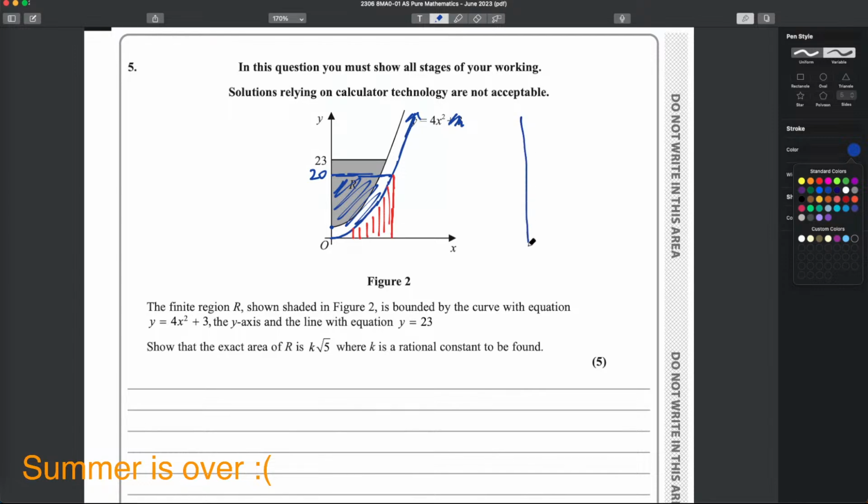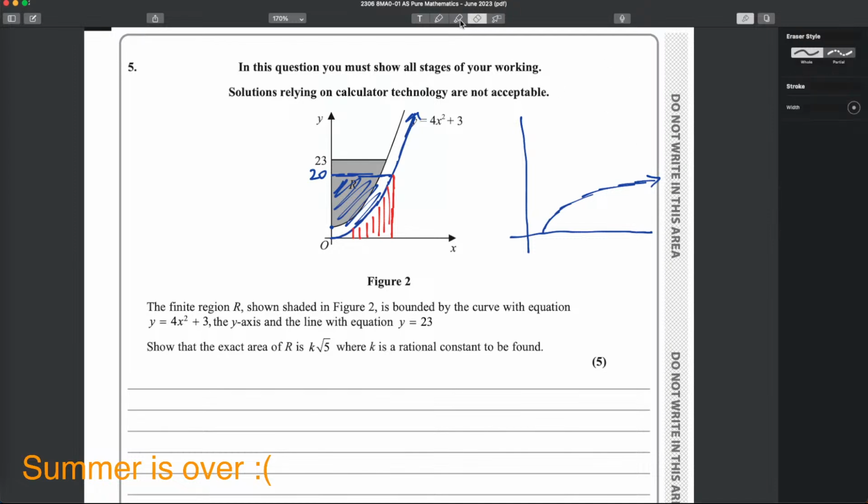Or you can look at this problem not as y equals 4x plus 3, but as x, what would it be? Oh, you need to find the inverse, right? Don't you?